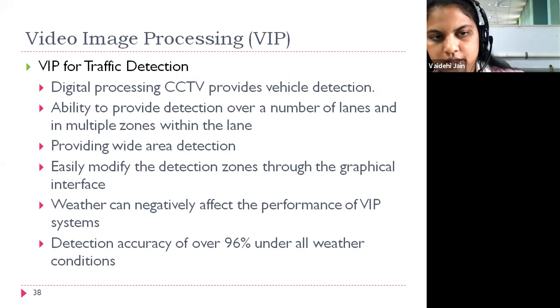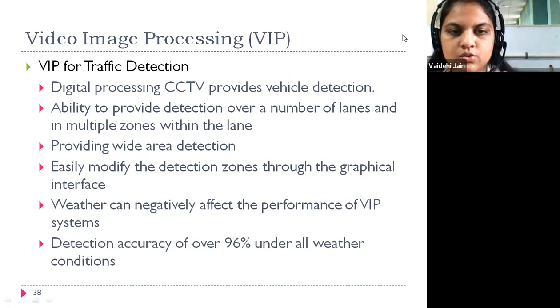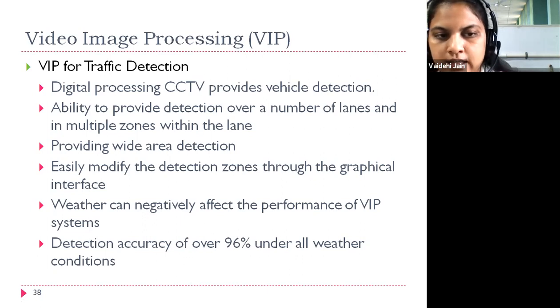Once you have all the video images, the vehicle detection can provide detection over a number of lanes and multiple zones within a lane, and it can easily modify the detection zone through graphical interfaces. The detection accuracy is over 96% under all types of weather conditions. This is the requirement.